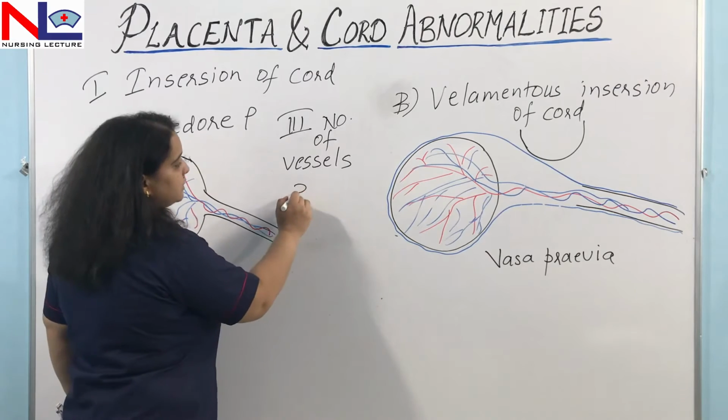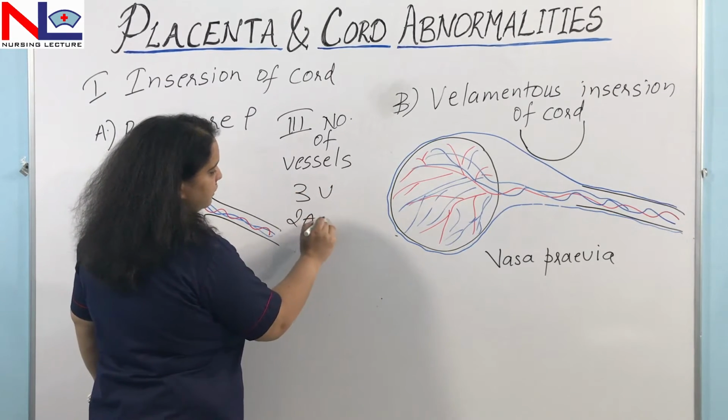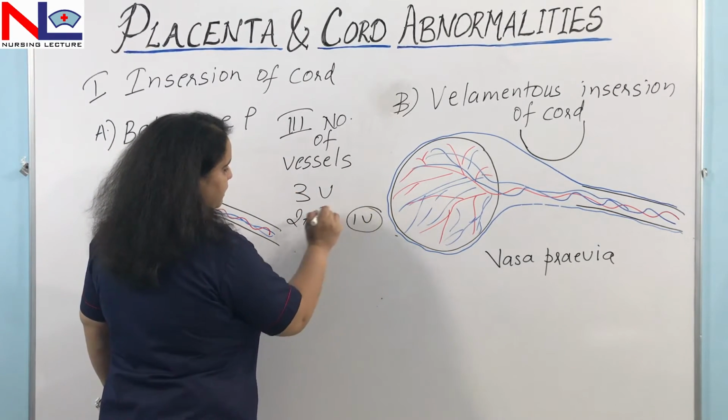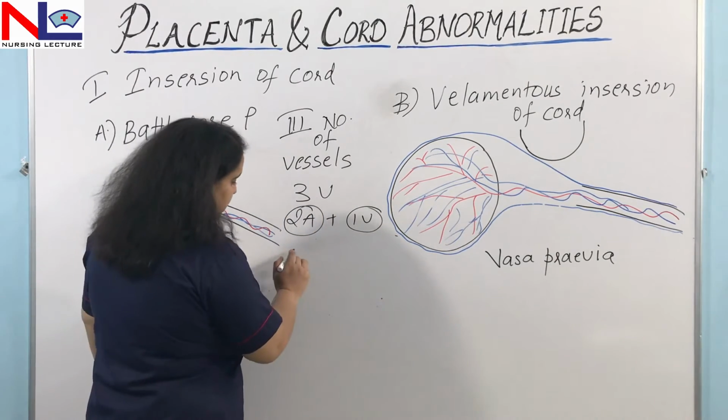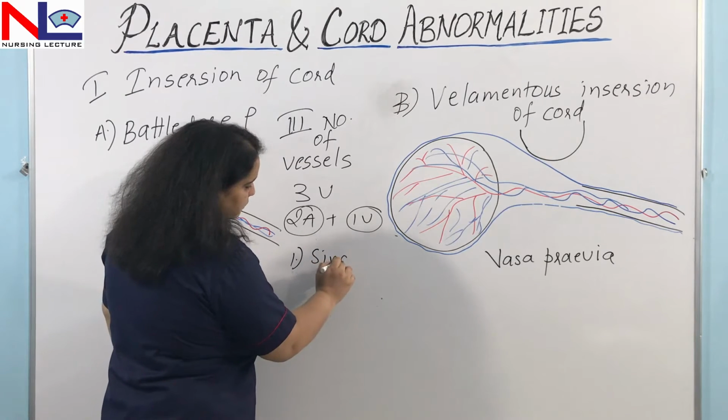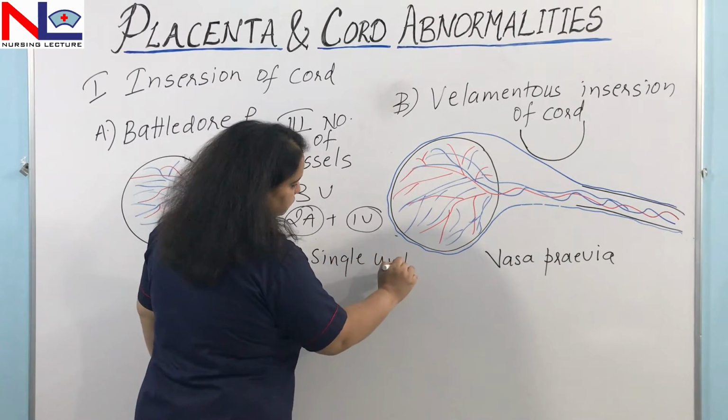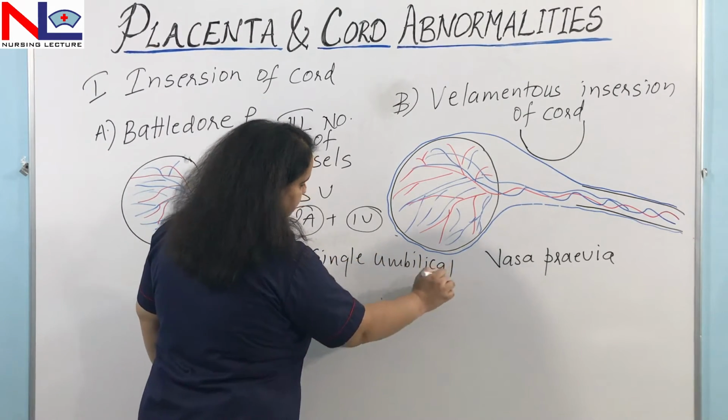So there are 3 vessels, 2 arteries and 1 vein, and the abnormality would be single umbilical artery.